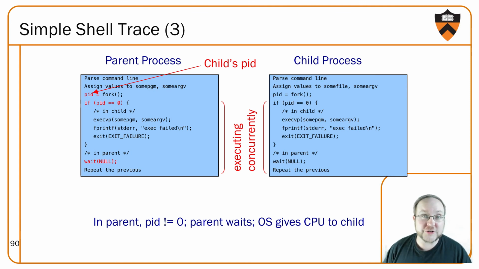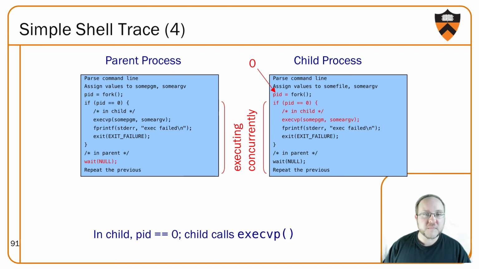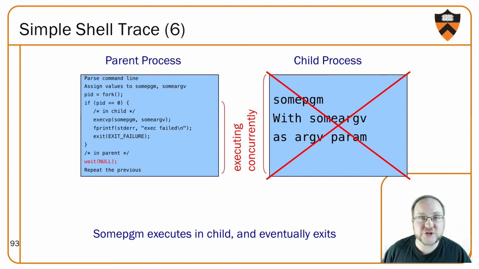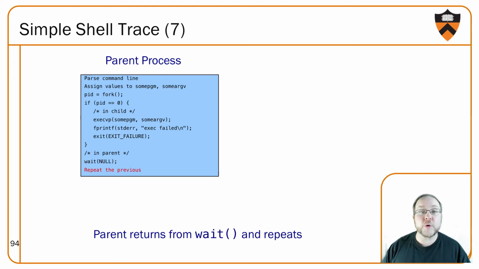If the child ran first, it's already running. So in either case, we're in the child, where the PID is 0, so we call exec. If it works, we're no longer here. If it fails, we clean up. Eventually, the child continues running some other program in its process. And eventually, it finishes. In the parent, where we have been waiting for the child, we wake up. We're set to go again.